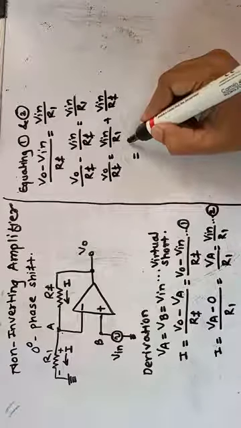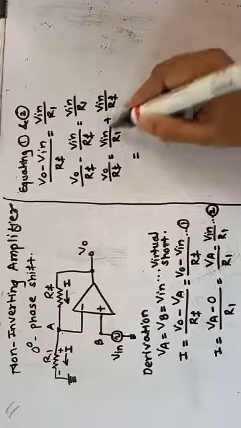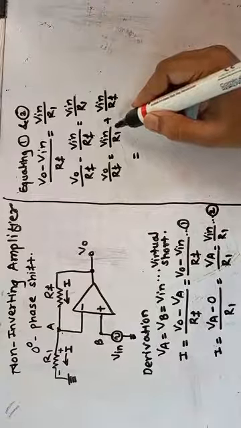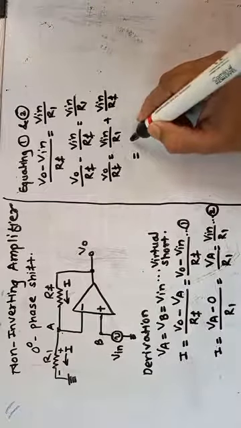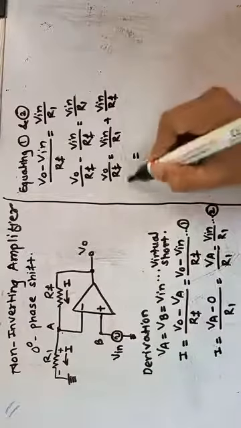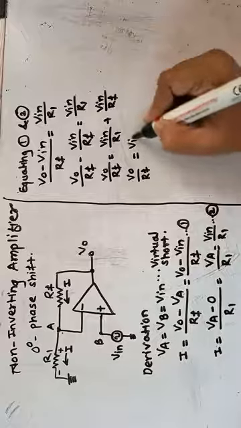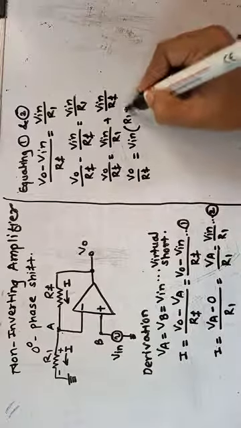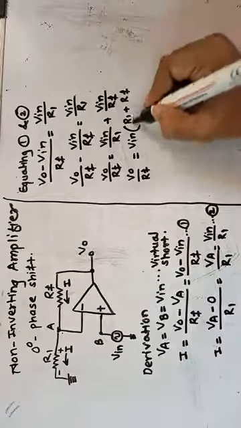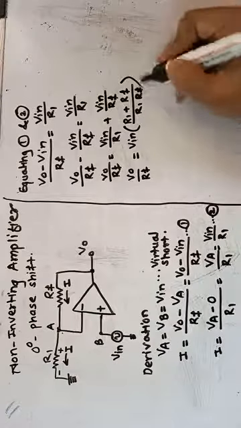If V in is constant, then V0 upon Rf into V in is constant, so R1 plus Rf divided by R1 into Rf.